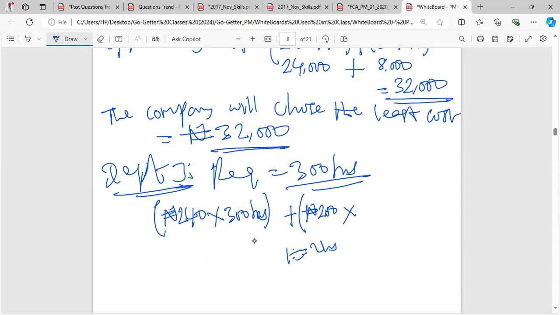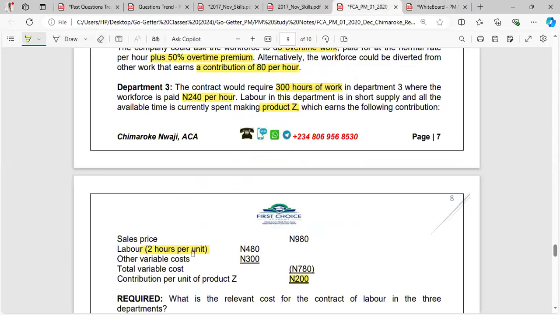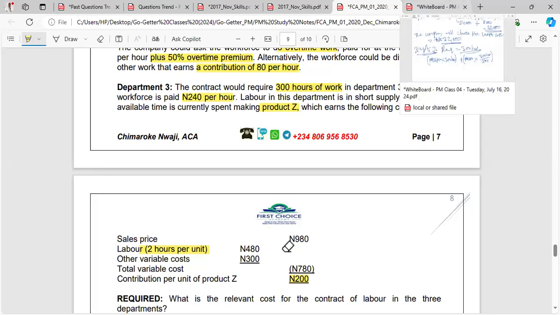That means 300 hours will require how many units? 300 hours divided by 2 hours will let us know the number of units required. So 2 hours is for 1 unit, and we need 300 hours. 300 divided by 2 is as good as saying 150 units will be forgone at that time.